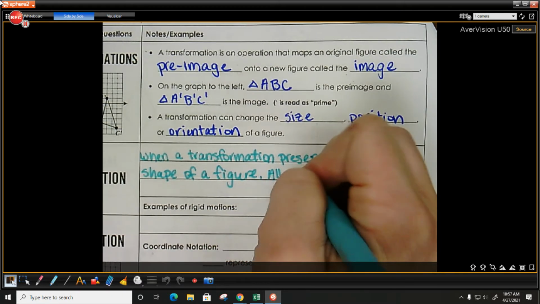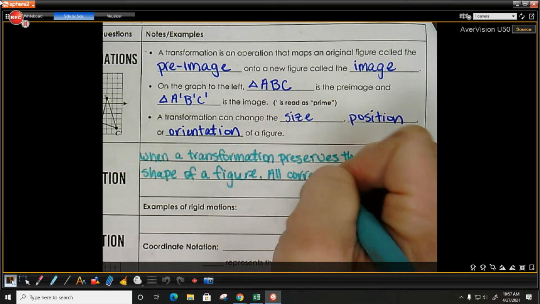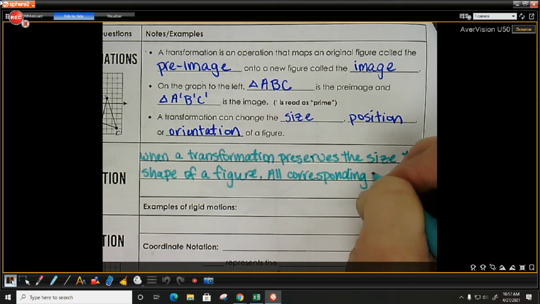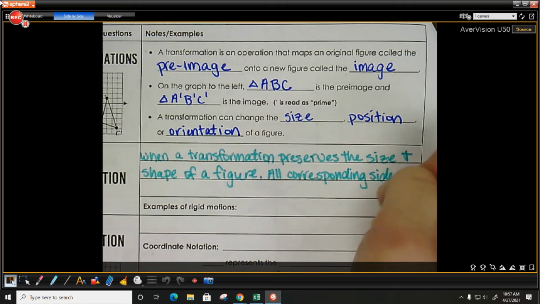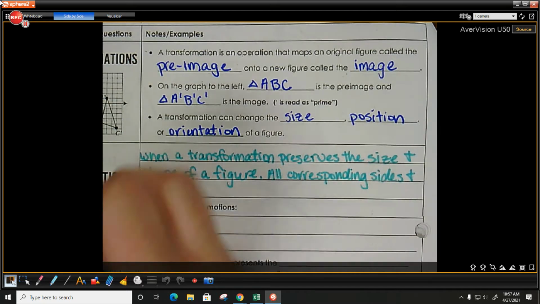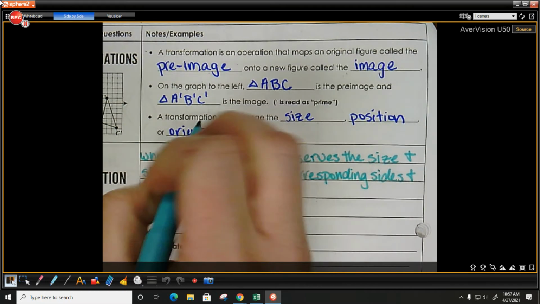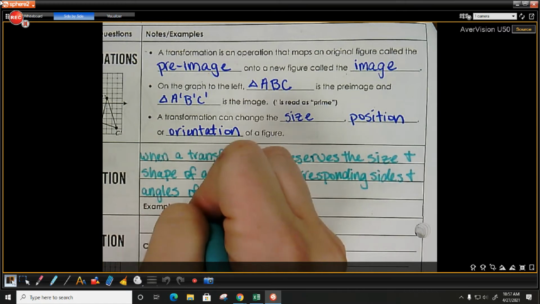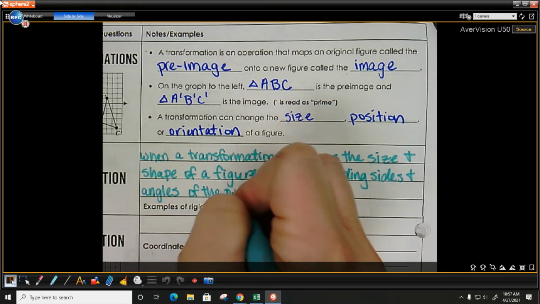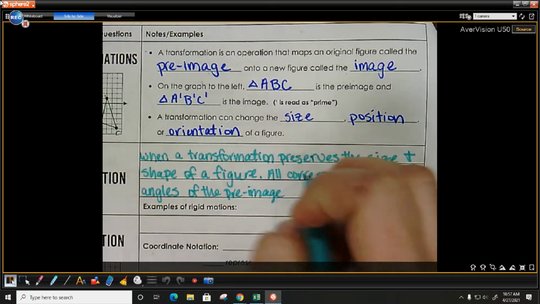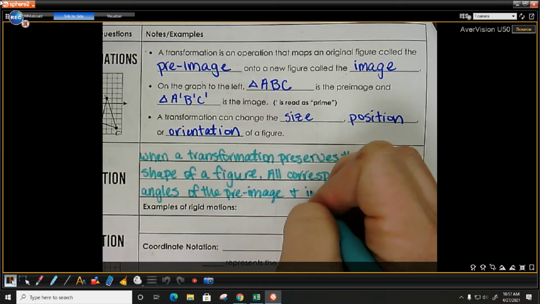All corresponding sides and angles of the pre-image and image are congruent.